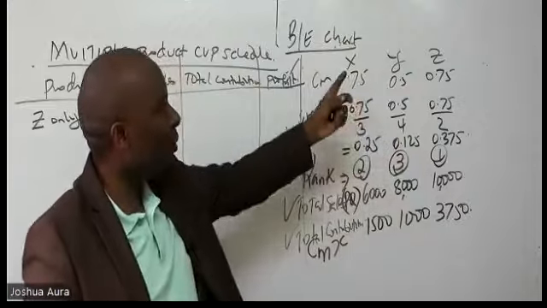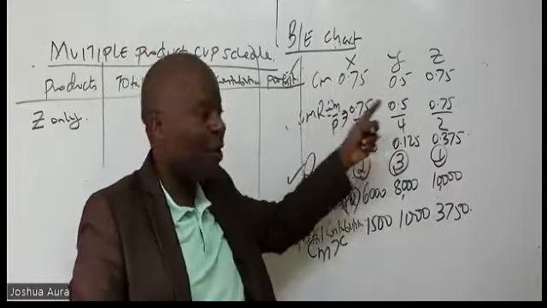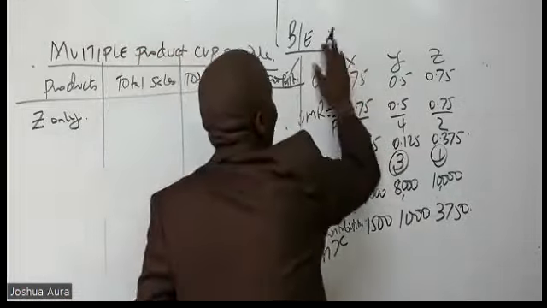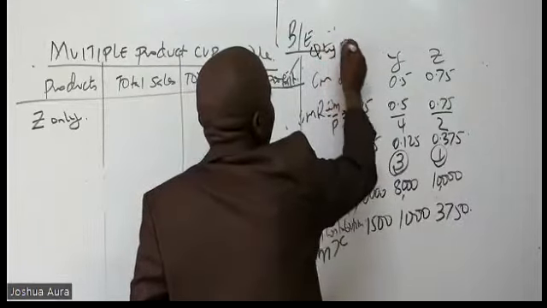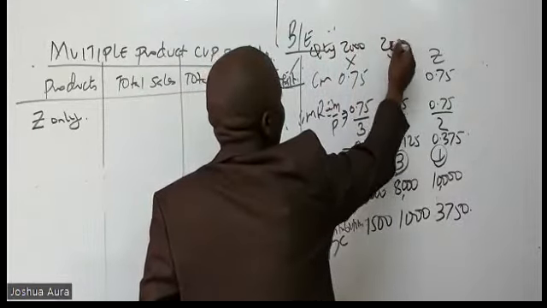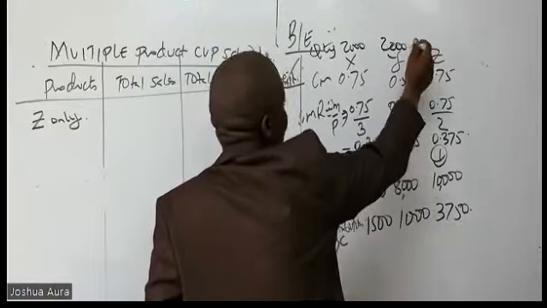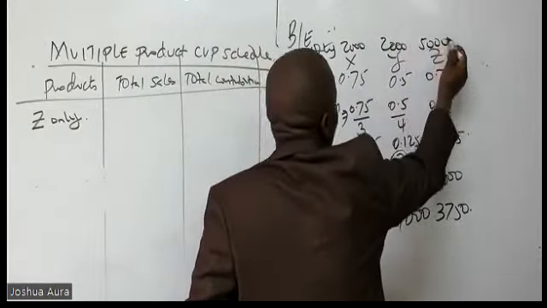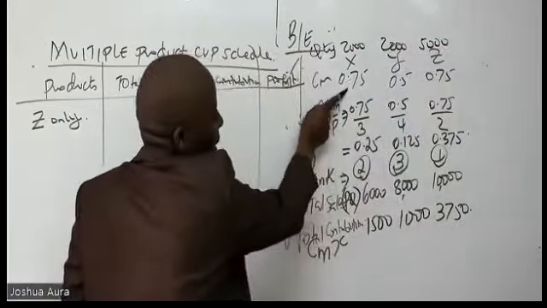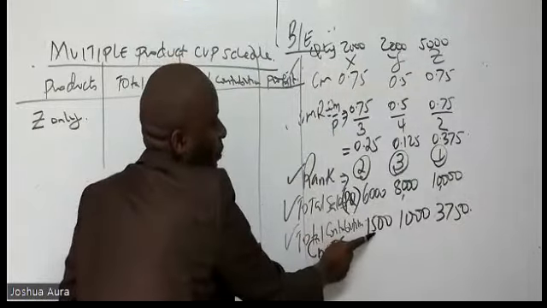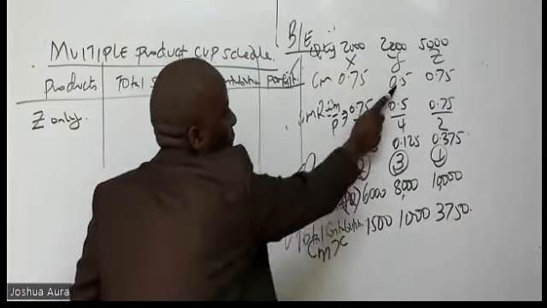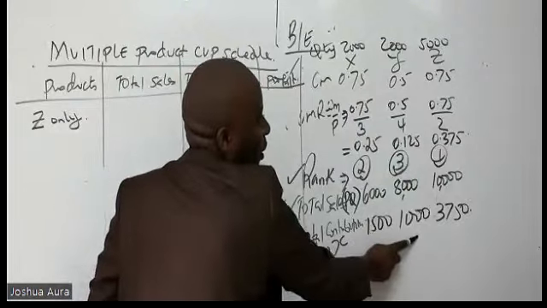If contribution for each unit is 0.5, and the quantities here are 2,000, this also helps the student who was asking how he got the figures. 0.5 times 2,000 will give me 1,000.